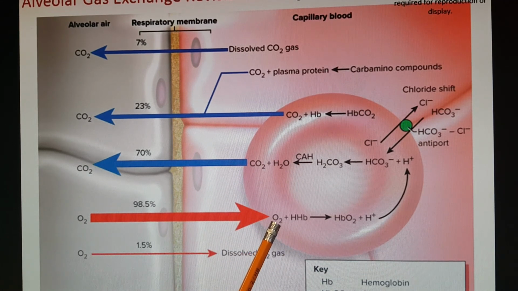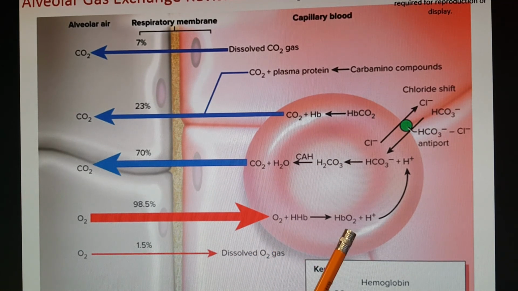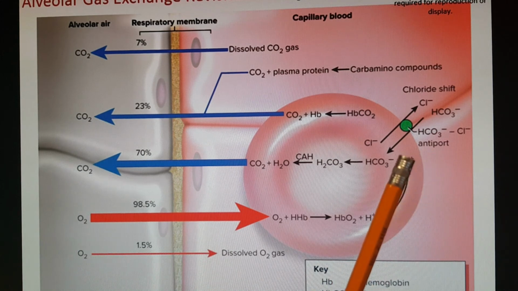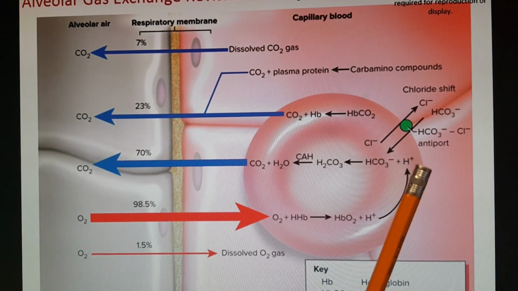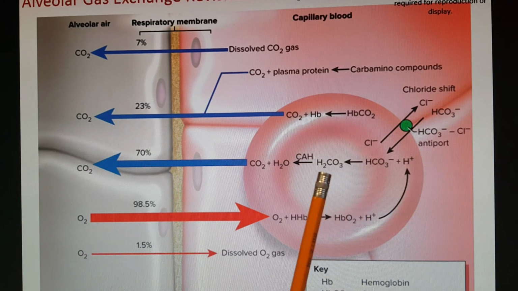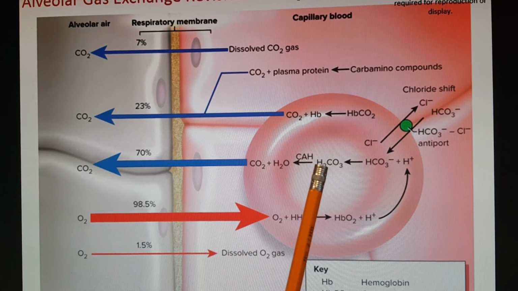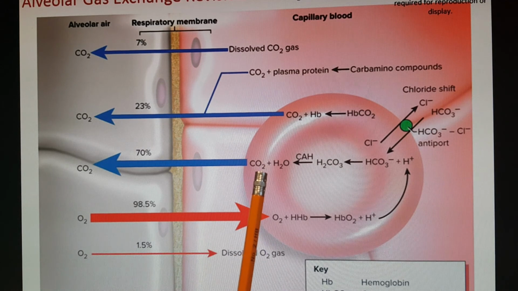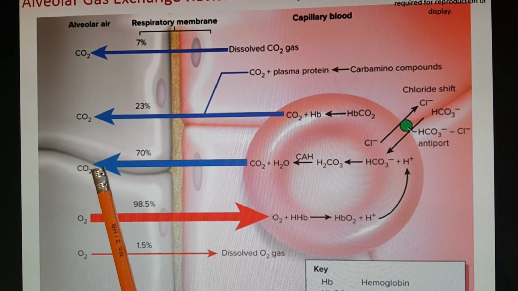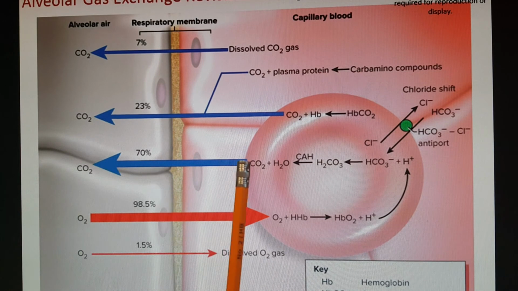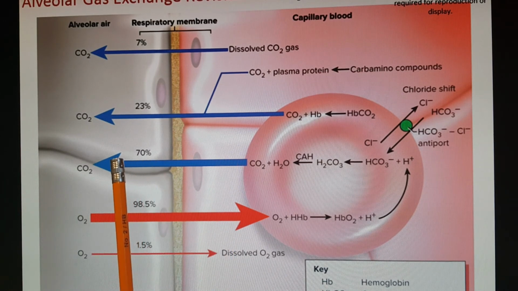So in your red blood cells, most of your oxygen binds to hemoglobin, which when your hemoglobin binds to oxygen, releases that hydrogen ion, helping to go back to your bicarbonate ion to recreate your carbonic acid, and then that carbonic anhydrase enzyme helps to convert your carbonic acid back into carbon dioxide and water, allowing for the partial pressure difference to drive carbon dioxide into your lungs.